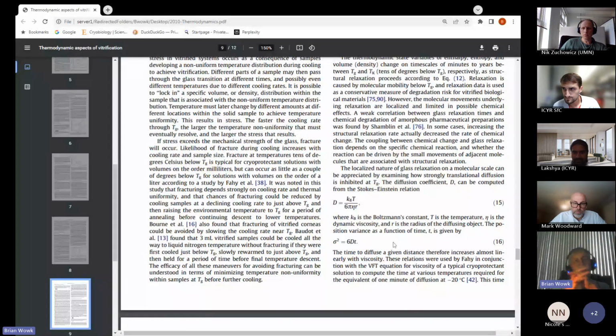The VFT equation is mentioned elsewhere in this paper. It's a standard relation between temperature and viscosity of supercooled solutions. So he used the VFT equation to calculate the viscosity of M22, a vitrification solution, as a function of temperature, and then plugged it into the Stokes-Einstein relation.